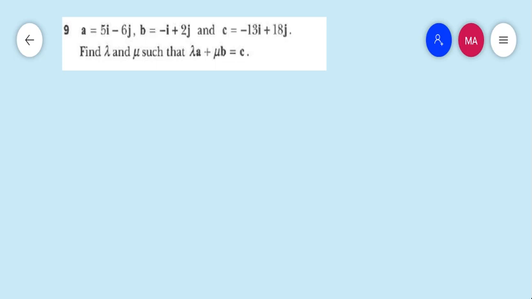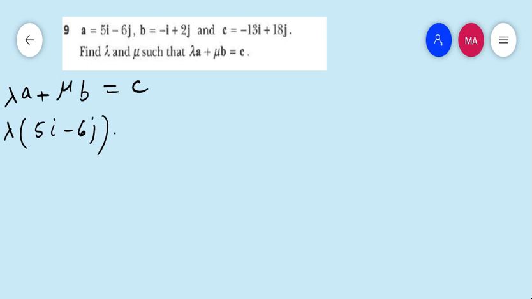Find lambda and mu such that lambda A plus mu B is equal to C. So lambda into A, it is 5i minus 6j, plus mu into B, which is minus i plus 2j, is equal to C, minus 13i plus 18j.